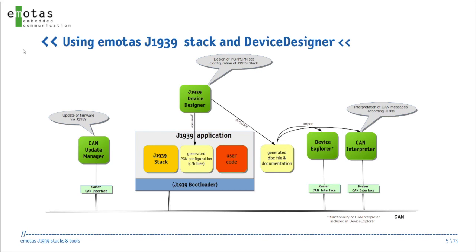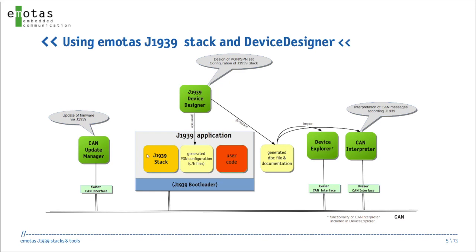Before I show you the J1939 stack in detail, I'd like to show you a bigger picture of our stacks and tools. Here in the middle is, or shall be, a J1939 application, and it consists of some user code. For example, if you develop your own device, maybe a temperature sensor, you will need some source code to measure the temperature. But if this temperature sensor shall communicate using J1939, you will need a J1939 stack as well.